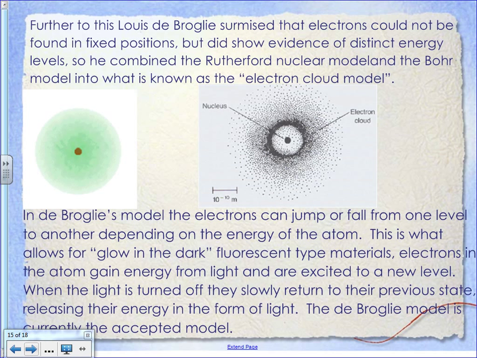There are areas where you'll find electrons generally, but they can move up and down and around the nucleus, and that's what de Broglie found when he was studying the phenomena of fluorescence, photosynthesis, and things like that. Okay, is that sort of making sense?